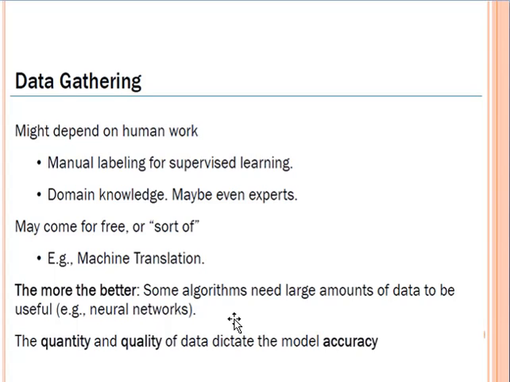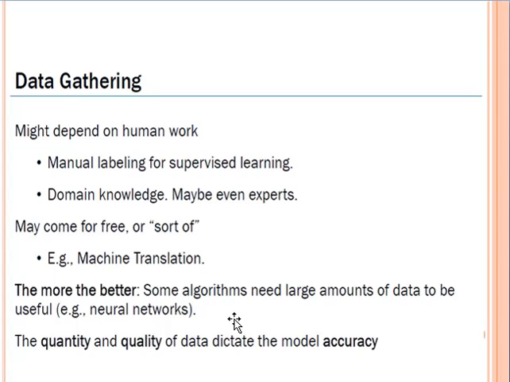In that case, you need to provide quite a handful amount of data in order to train your network, right? The better result can only be achieved if we have large amounts of data available related to our problem domain. The quantity and quality of data dictate the model accuracy.